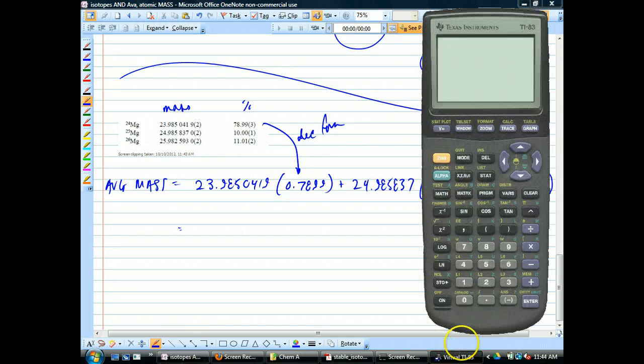Wait, I have a question actually. Why don't you use the uncertainty as plus or minus 0.002? Or you could do that, yeah. In this case, you actually do have the uncertainties. But here's what you'd have to do.